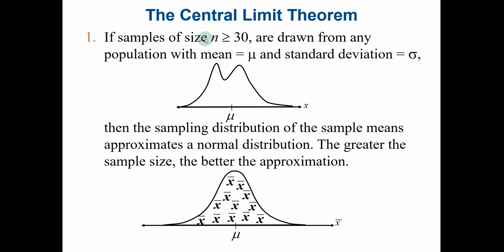So if you randomly take a lot of samples of size n greater than or equal to 30, and you compute the averages and you create a distribution of the averages. Note, these are averages you've taken here. You now compute what we call a sampling distribution of sample means. It will have a normal shape. When it has a normal shape, you can now convert it to the z-score and look for probability.